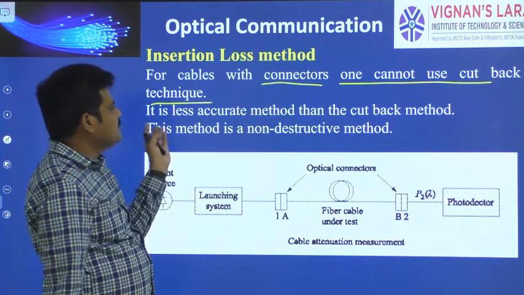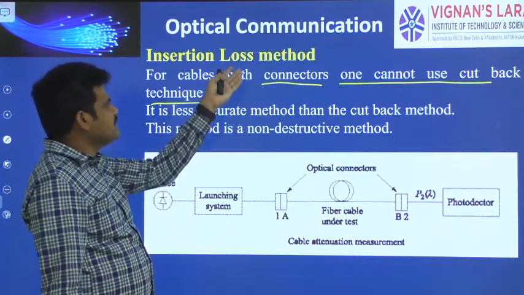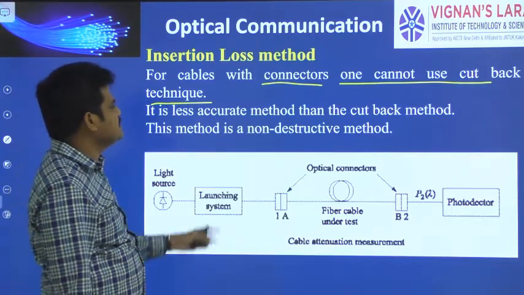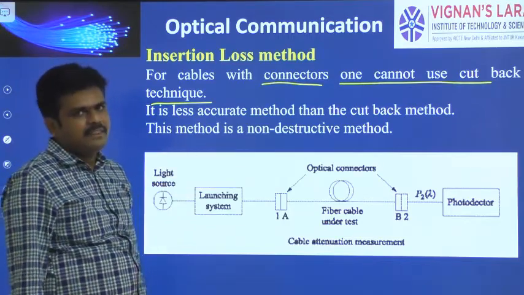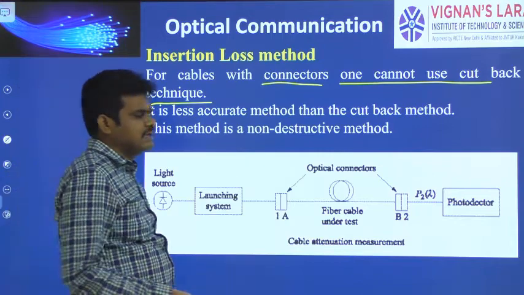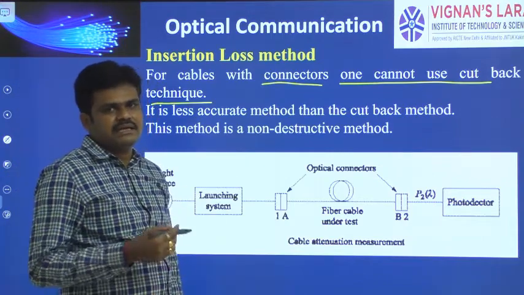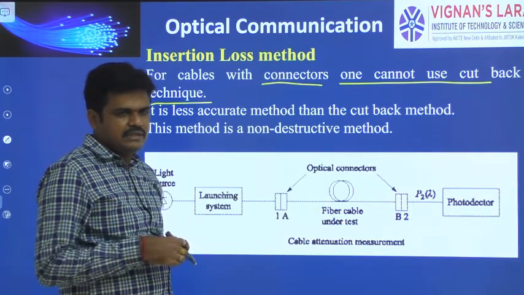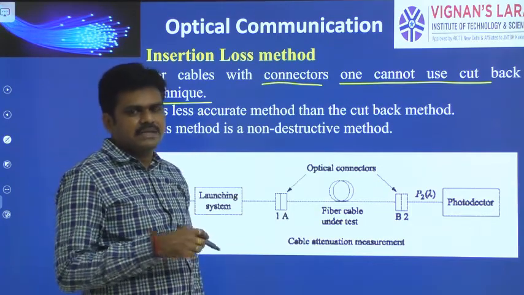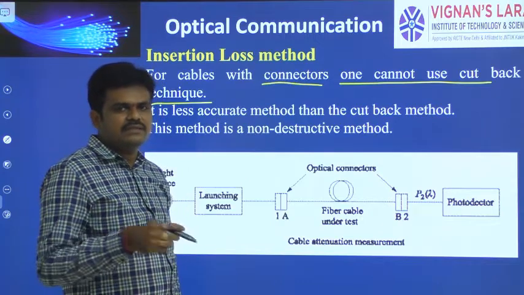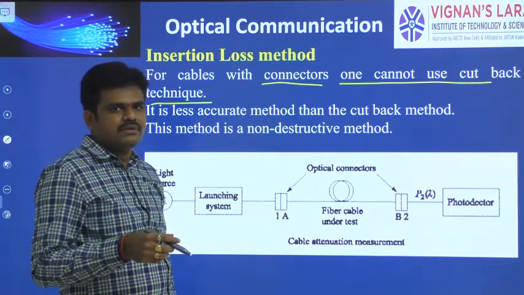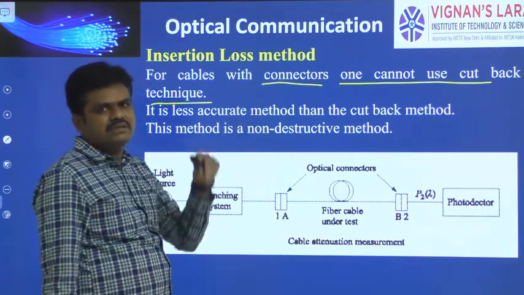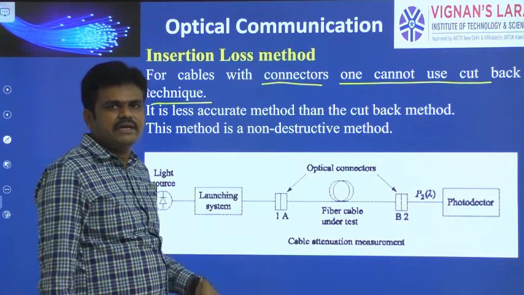But there is another method called the insertion loss method. That is the second method, but its accuracy is less compared to the cutback method. But when one or more connectors are placed along the length of the fiber, insertion loss may be used to determine the attenuation.